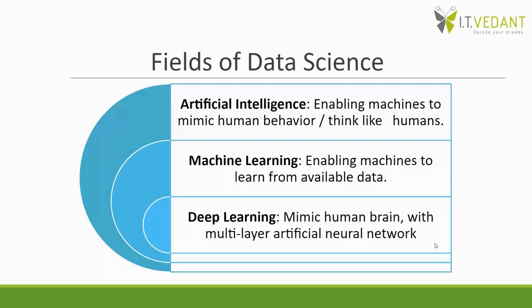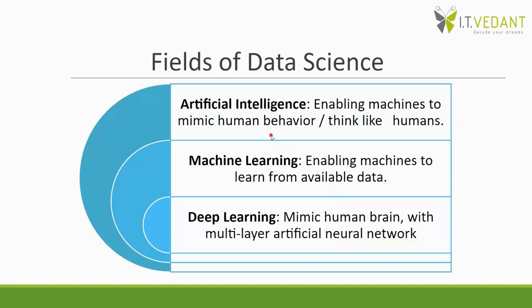Now what exactly is machine learning? Machine learning is where I teach the machine to learn from experience and start giving us output and predictions. Whereas deep learning is where the machine mimics a human brain in the form of a neural network.